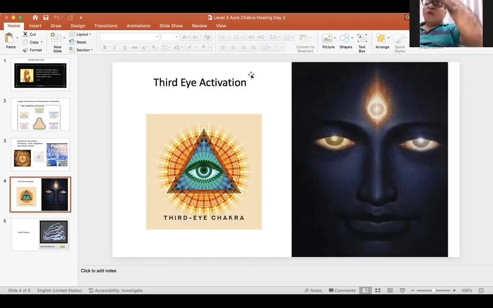And it is connected because that is what is known as the pineal gland, the endocrine gland there, which is a Sukshma chakra. The pineal gland is the one which gives the hormone melatonin, which is a sleep pattern hormone, the sleeping hormone for each one of us.